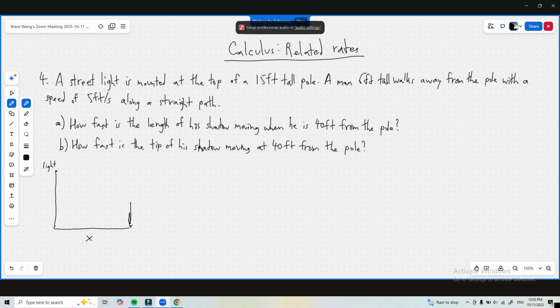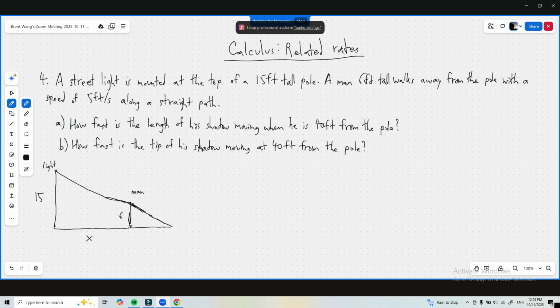So this man is 6 feet tall. Let's label 15 feet and 6 feet. And the light reflects down on the man's head. This small triangle is where the light can't be reached.